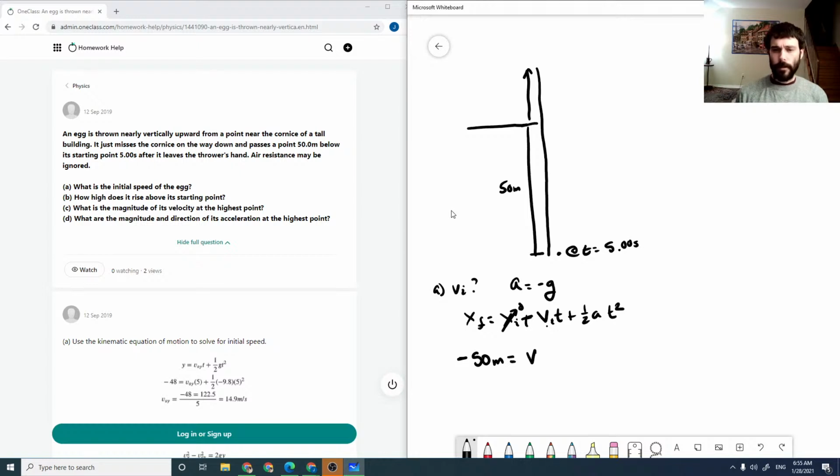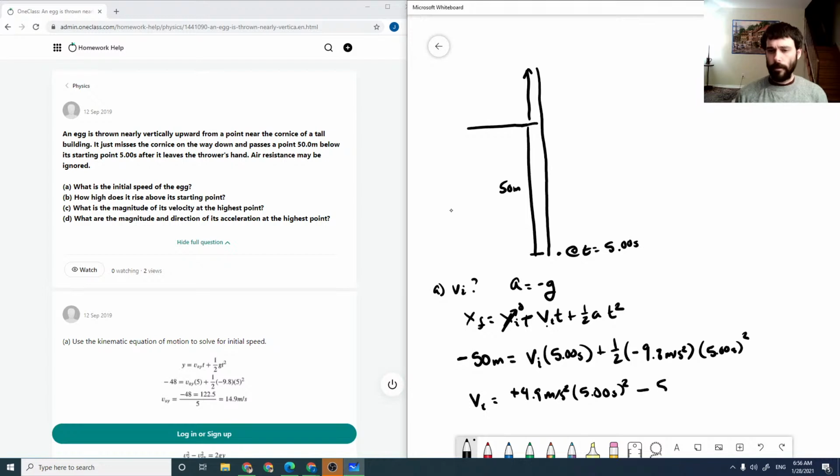And it equals our vi t. So our t is 5 seconds plus 1/2 times minus 9.8 meters per second squared times our 5 seconds squared.